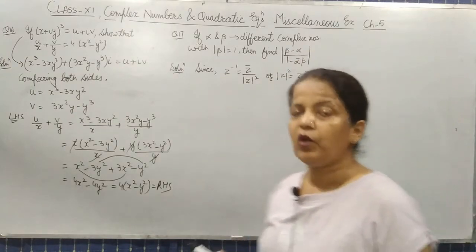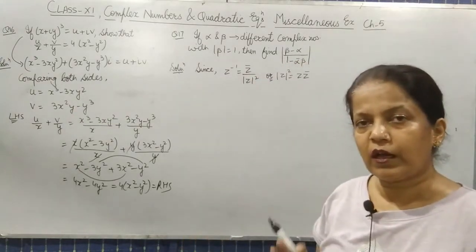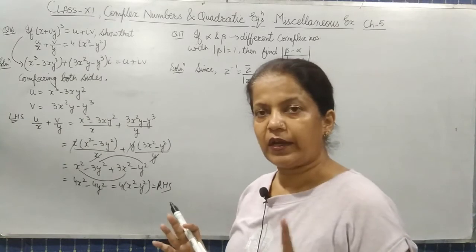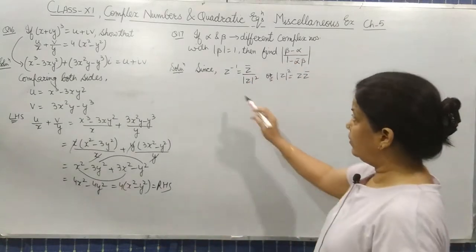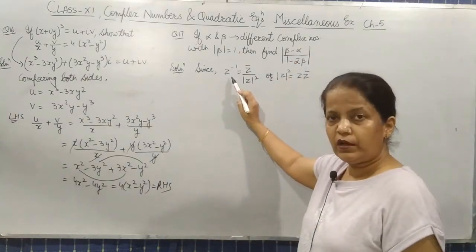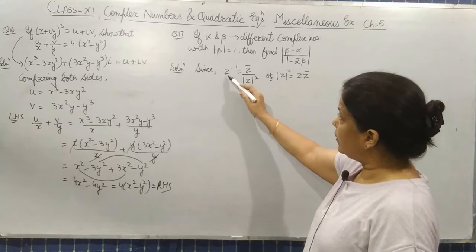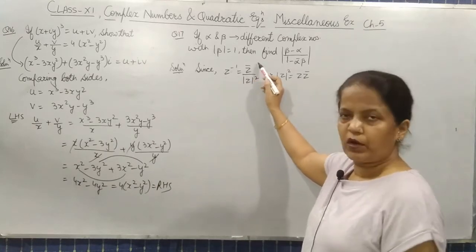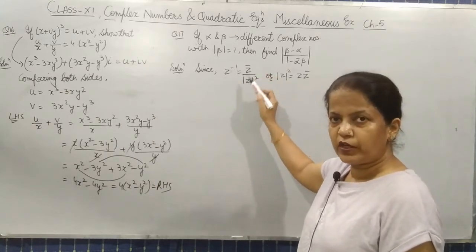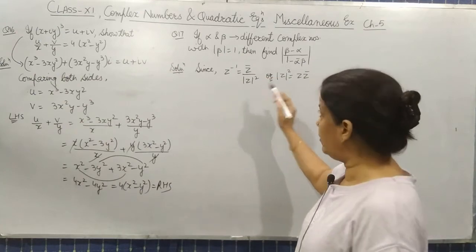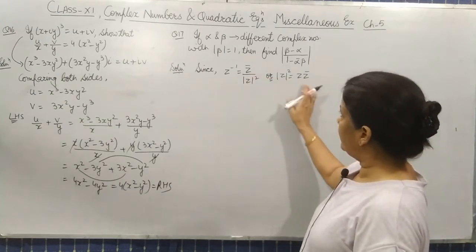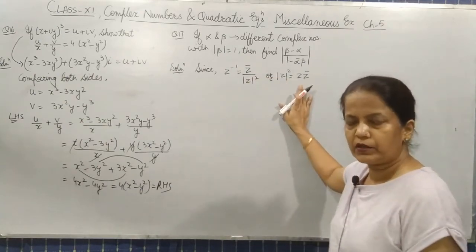So somewhere we will use the idea of absolute value. We know it very well from the question of multiplicative inverse in the previous exercise that z inverse equals z conjugate upon mod z square, or if we rewrite it, you will get this part.